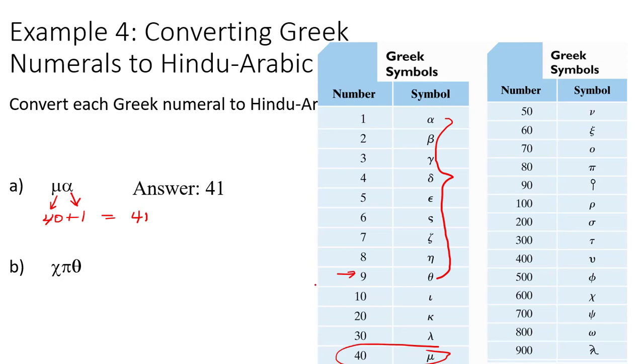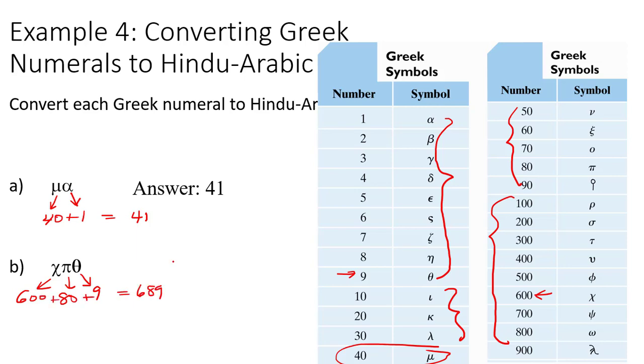So theta is actually the number 9. And then the tens digit is going to be one of these guys here. So pi is actually the number 80. And then chi, I think it's pronounced, is going to come from the hundreds place. So that looks like it's the number 600. So if you add those together, you get the number 689.